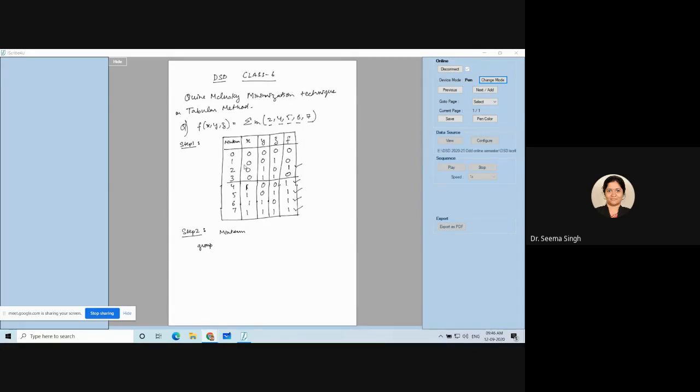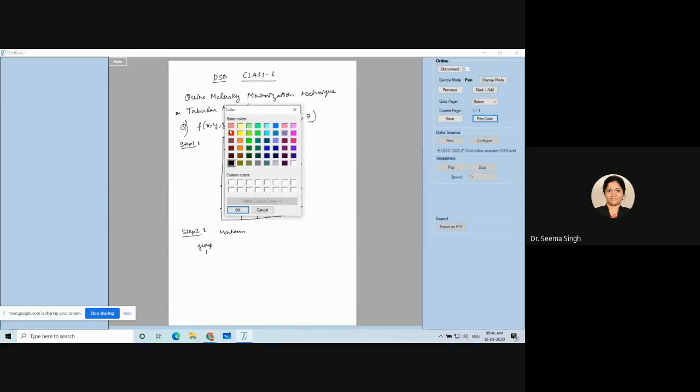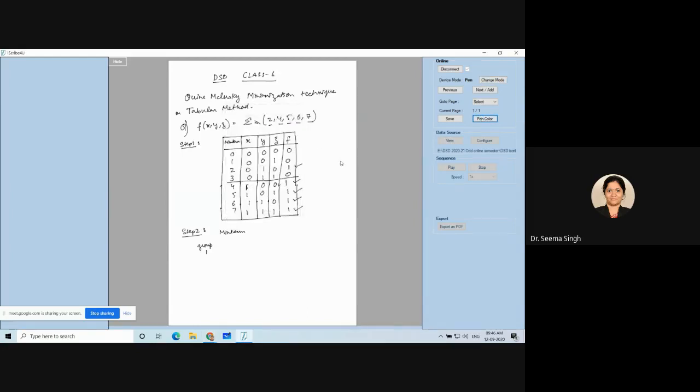Now I want to make my group 1, which means the expression in which you have only one 1. Which is that? 2 is there. In 2, only one of the binary bits is 1, right? Which other number has only one 1? Only 4. So my group 1 will comprise 2 and 4.